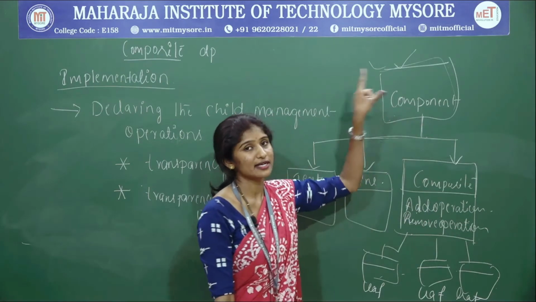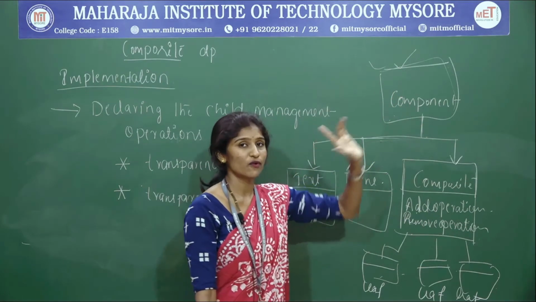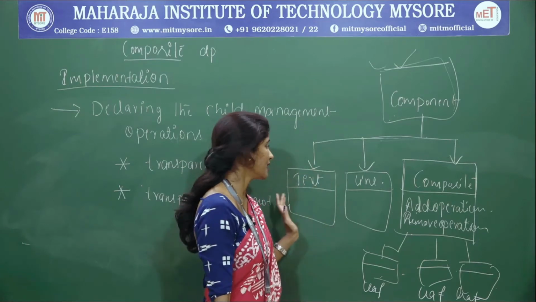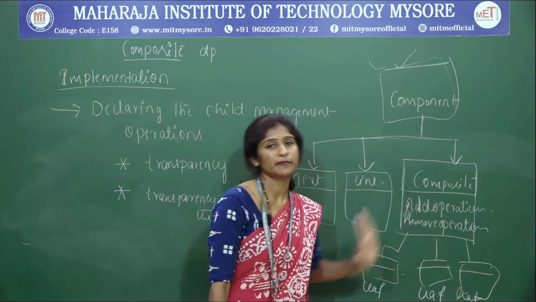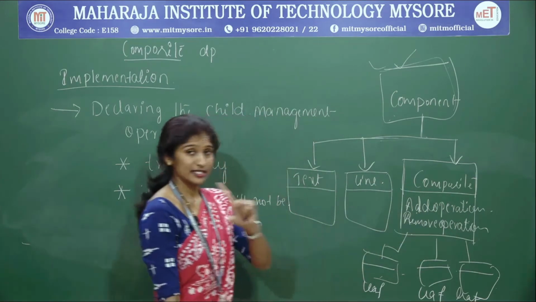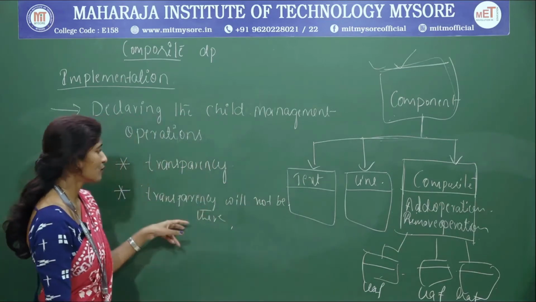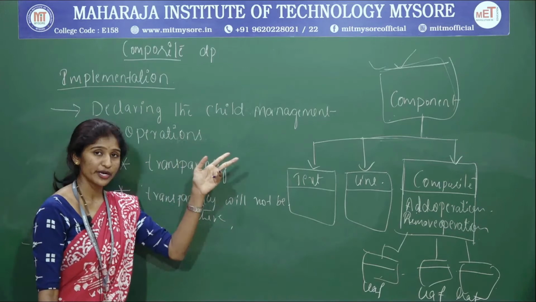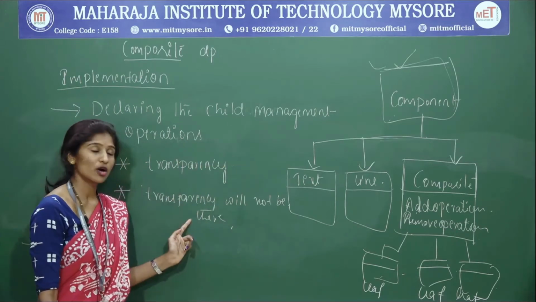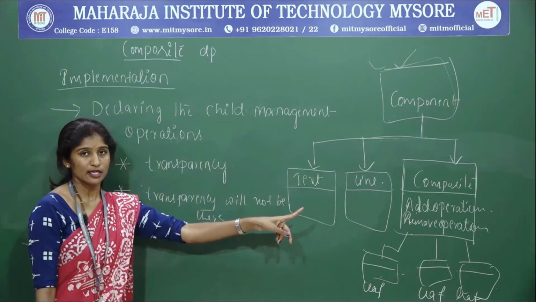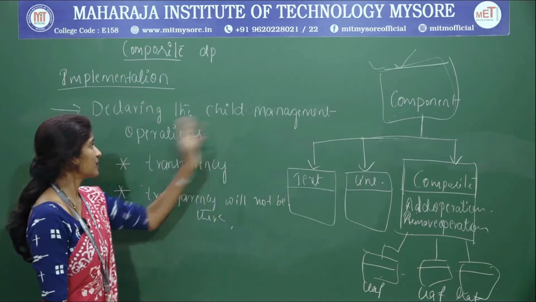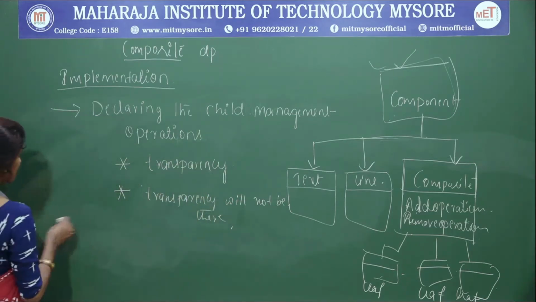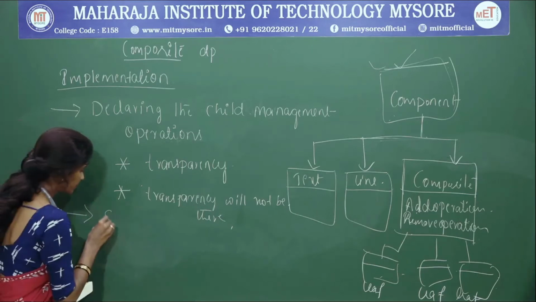The component is a parent class here, which contains default operations that can be applied uniformly to all the primitives. That is the major difference. So that is the issue with respect to this fourth point. Next we will see the next issue.